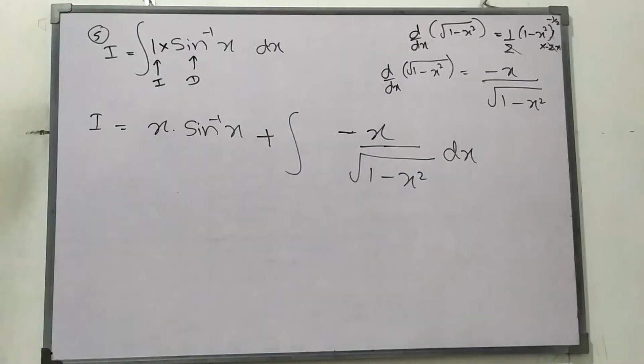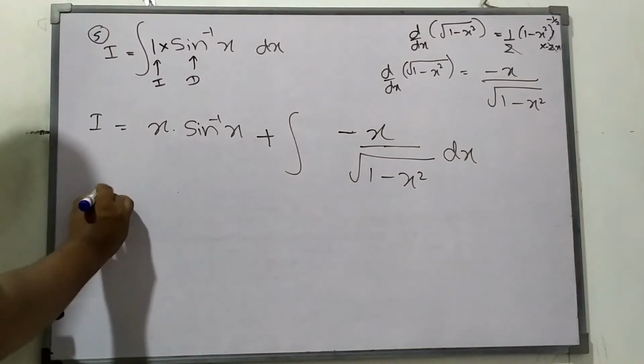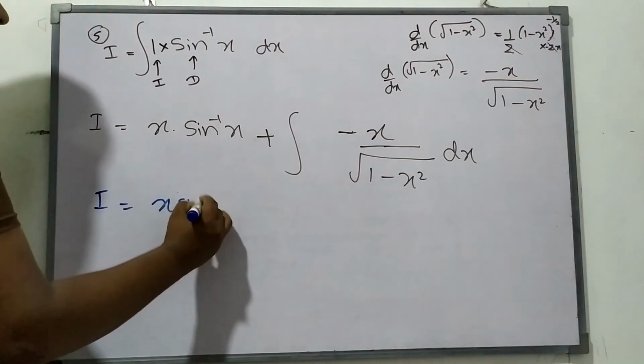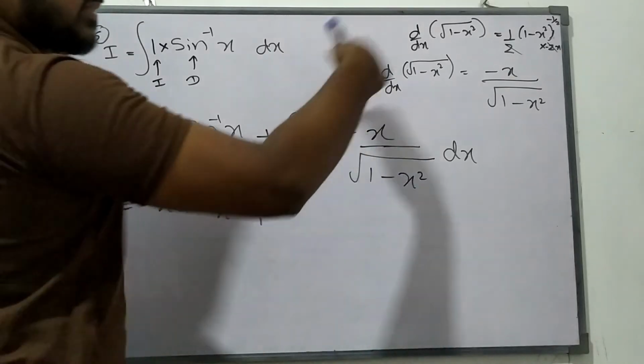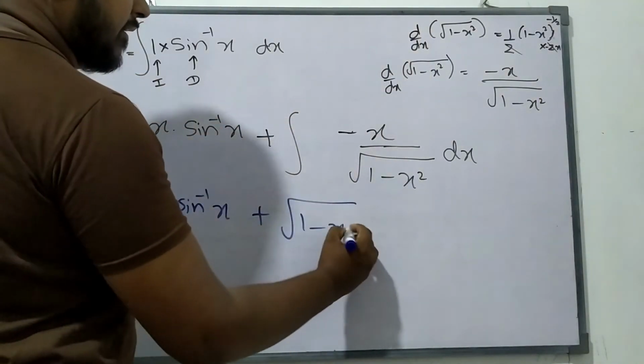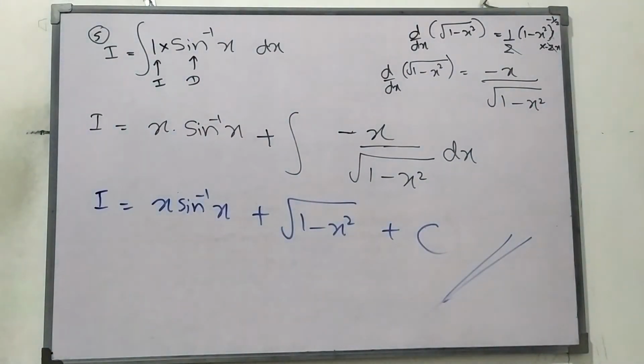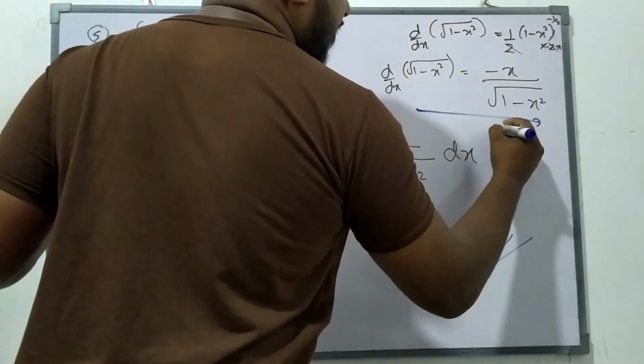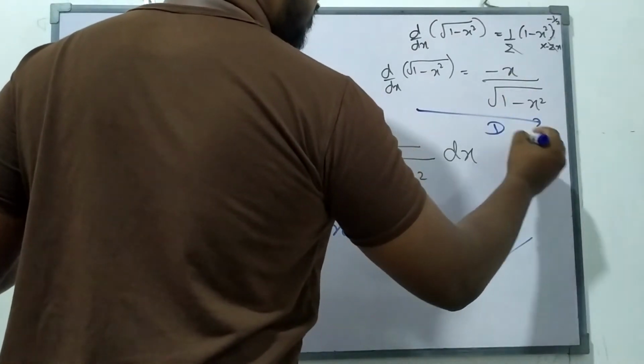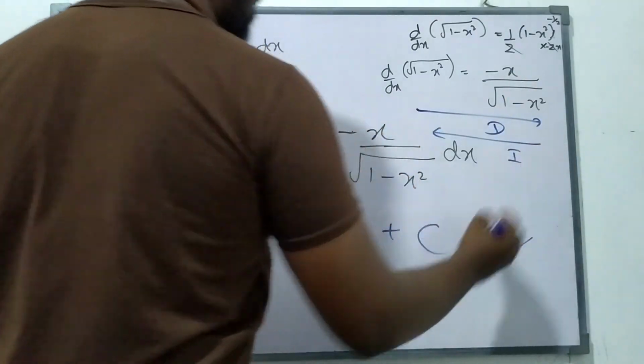Therefore the value of this is x sine inverse x plus square root of 1 minus x squared plus c. Right, so this is differentiation, that is integration.